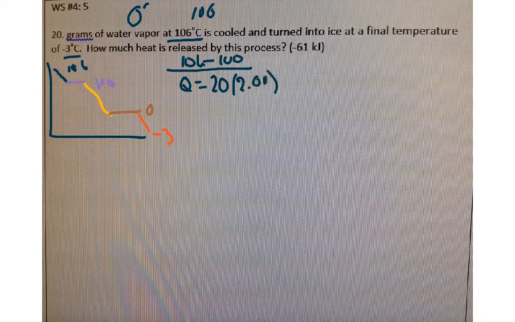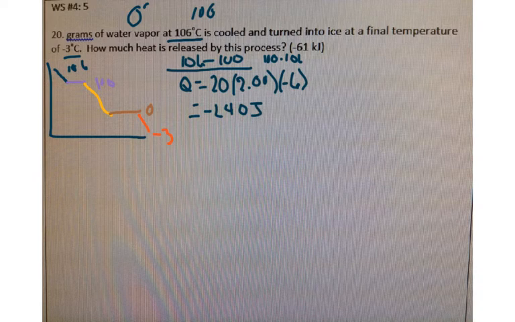And then my delta T is 100 minus 106, so you get a negative number, -6. Solving for this, you end up getting -240 joules. Okay, so that's the first one.